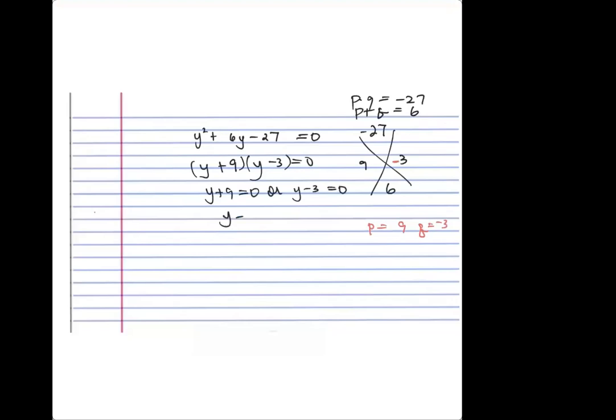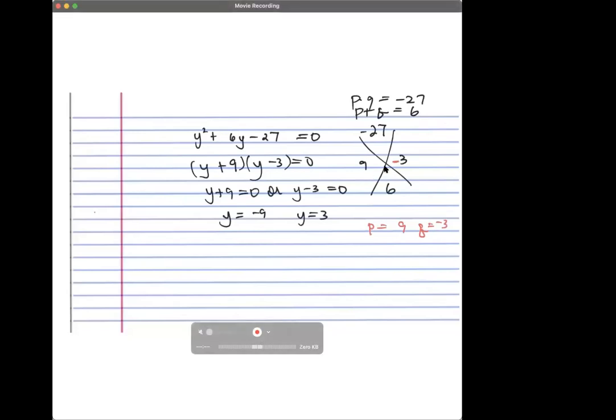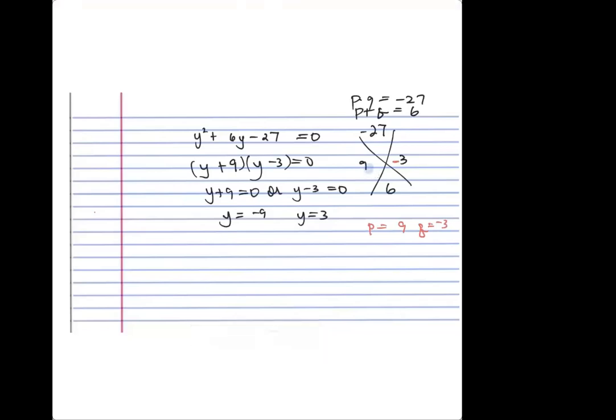So then I get y equal to negative 9, I'm just checking the tab, and y equal to 3. So I want you to notice something, that your answers are always going to be the opposite of these numbers. Here I have a positive 9, and then my solution is a negative 9. They're opposites. Here I have a negative 3, and here the solution is positive 3. So they're always going to be the opposite of those numbers.